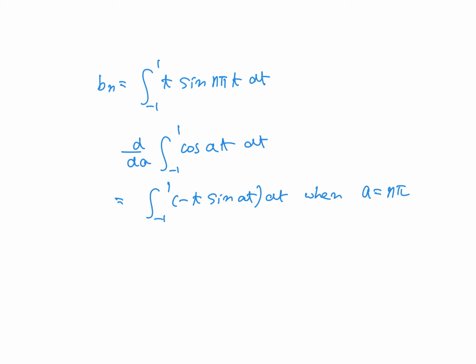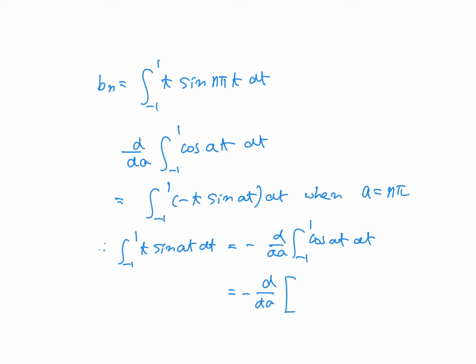So actually, the integral of t sine AT dt is the same as minus d/dA of the integral of cosine AT dt. And that can be very simple. What is this integral of cosine AT? Sine AT over A, right?